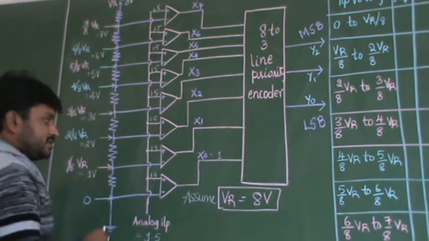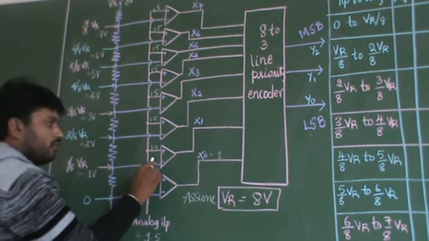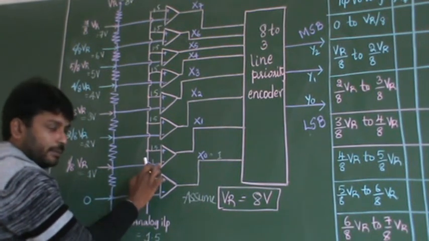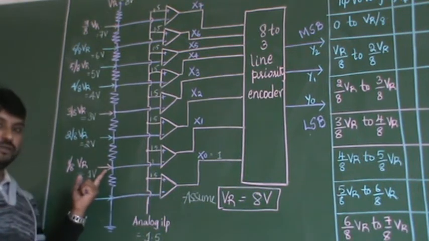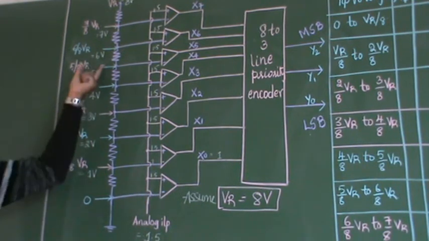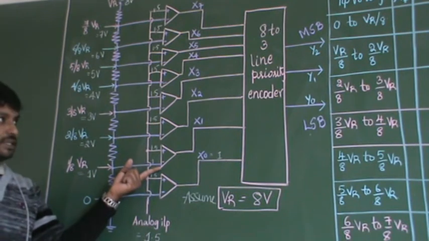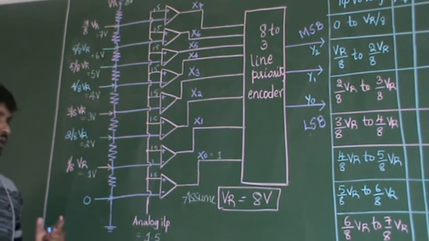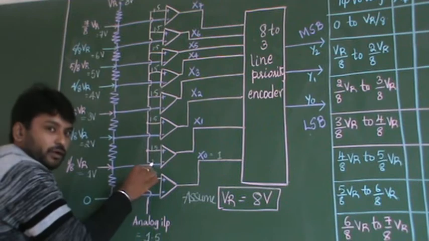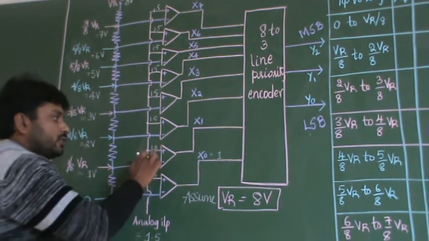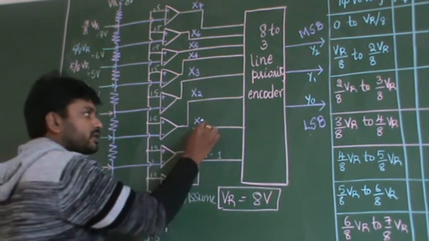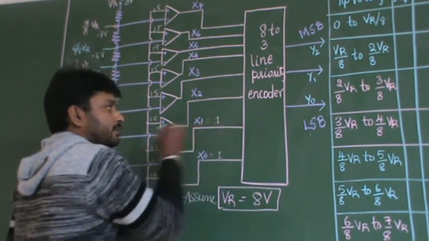Next, what is the value here? 1 volt, at the second comparator. We have already calculated the value coming from the negative terminal of each comparator just now. So 1.5 is compared to 1 volt. 1.5 is greater than 1 volt. So therefore x1 is also 1.